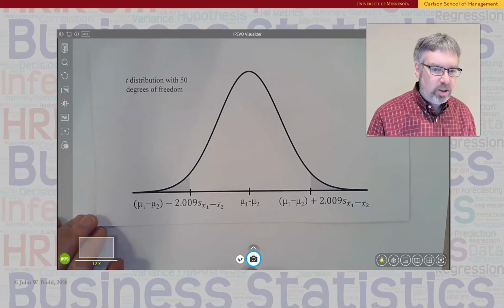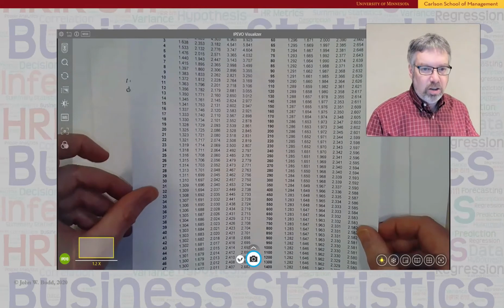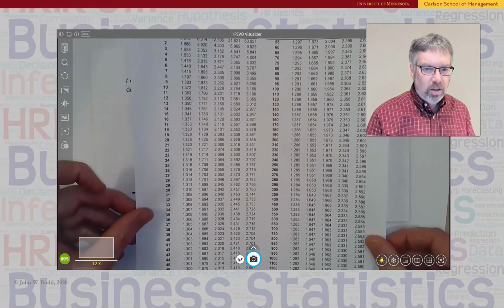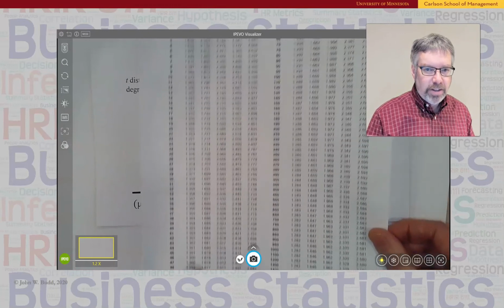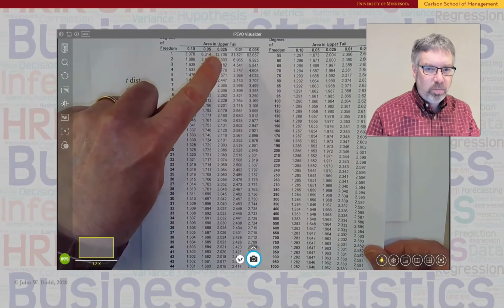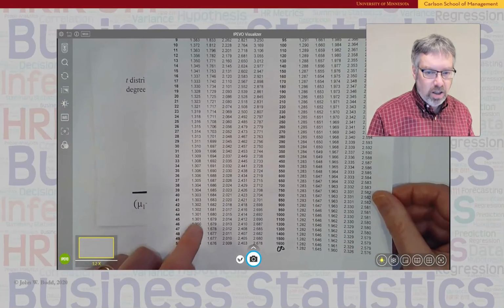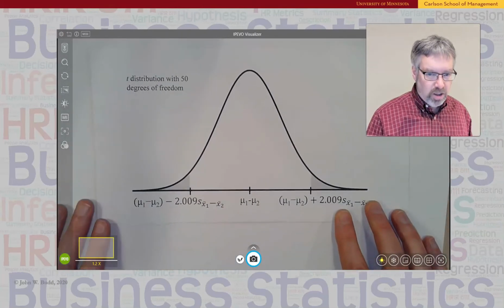And with 50 degrees of freedom, we can use our typical t table, and we can find with 50 degrees of freedom that for a 95% confidence interval, for example, 2.5% in the upper tail, 2.5% in the lower tail, that's 2.009. That's what we have here.